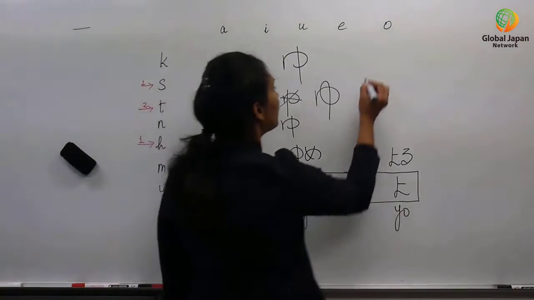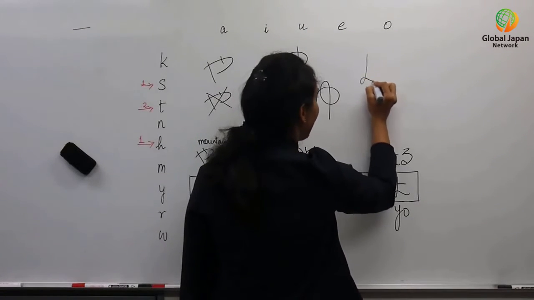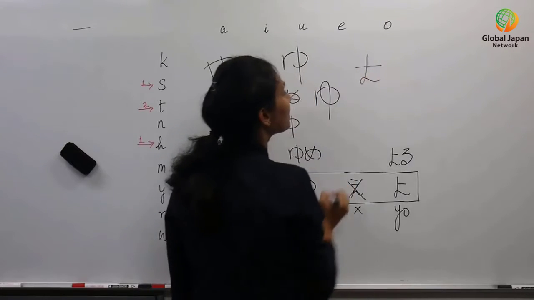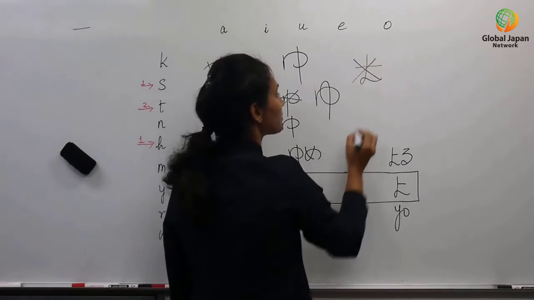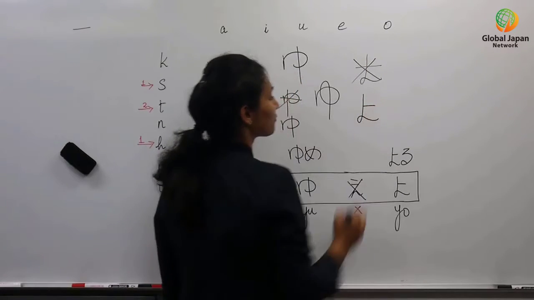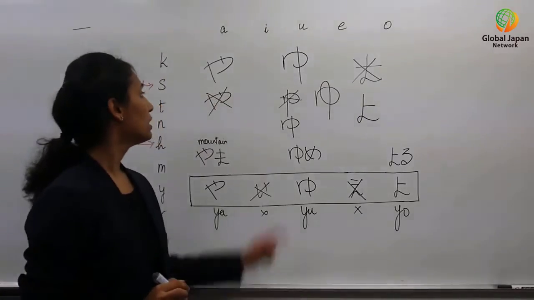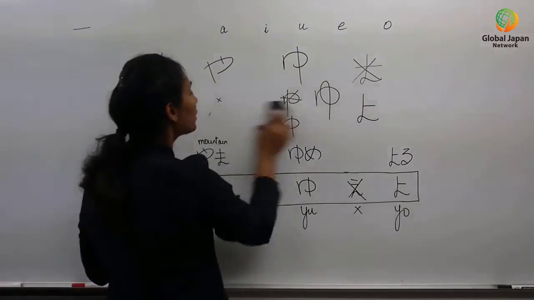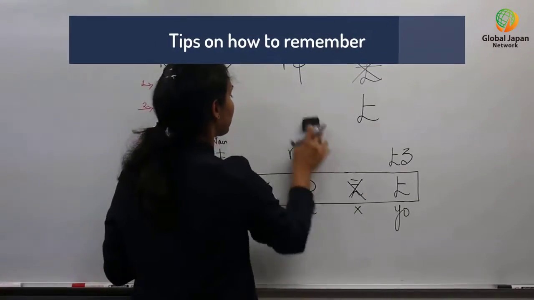Yo. Yo is an L and the line here, note it starts from here. It's not like this. It's wrong to write like this. L with the line that starts from here. This is yo. So ya, yu, yo. How are you to remember these characters?